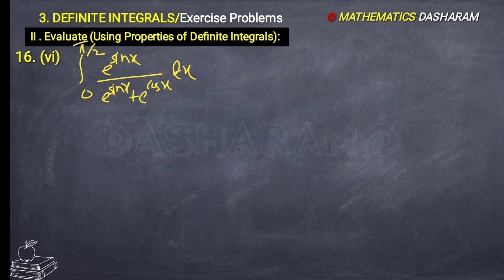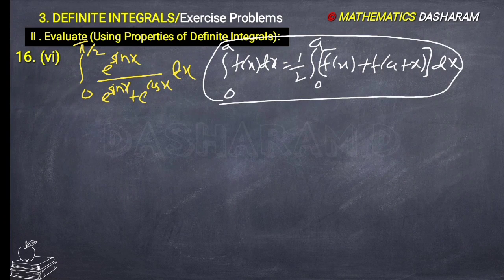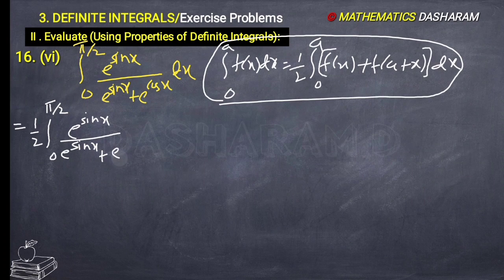Next question, integral 0 to pi/2 e^(sin x) by e^(sin x) plus e^(cos x) dx. Here the suitable property is, so let's use this property. So it is equal to 1/2 integral 0 to pi/2. First f(x), the given function, e^(sin x) divided by e^(sin x) plus e^(cos x), plus f(a minus x).